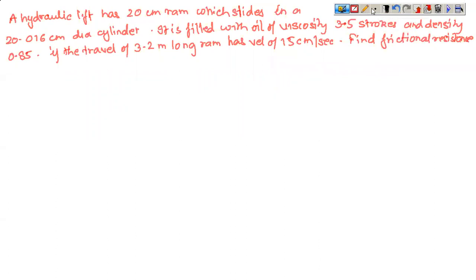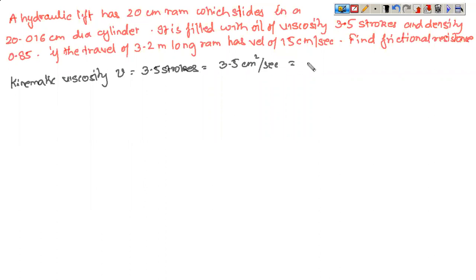अब इसमें you need to play with the units. अब अगर स्ट्रोक्स गिवन है, so this is kinematic viscosity. So kinematic viscosity, it is denoted by mu. This is 3.5 stokes. So if it is 3.5 stokes, this is 3.5 centimeter square per second.